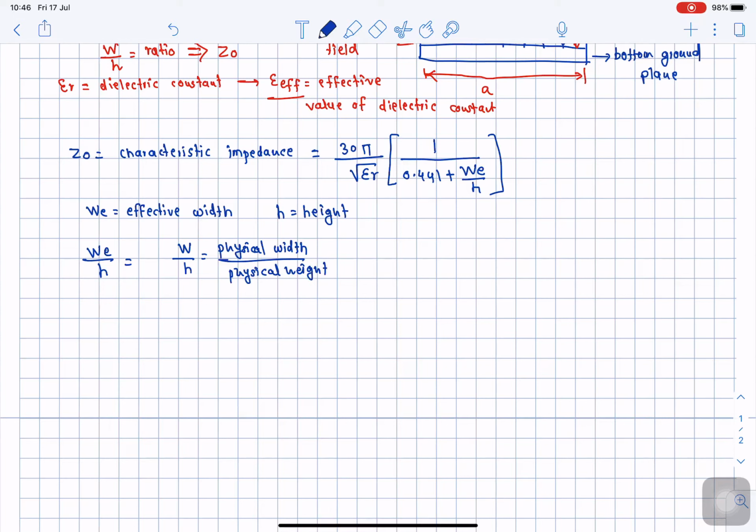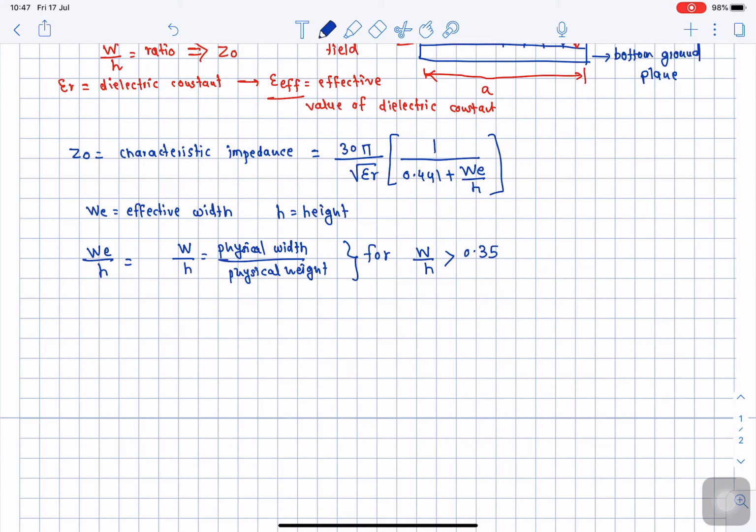So the effective width to height of the strip line is equal to the physical width divided by the height of the strip line, as it is. This is true when we have a width to height ratio greater than 0.35.